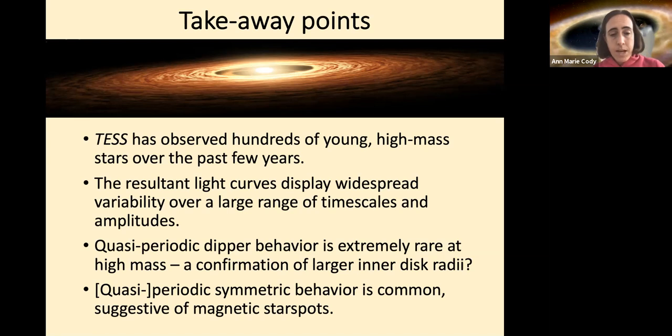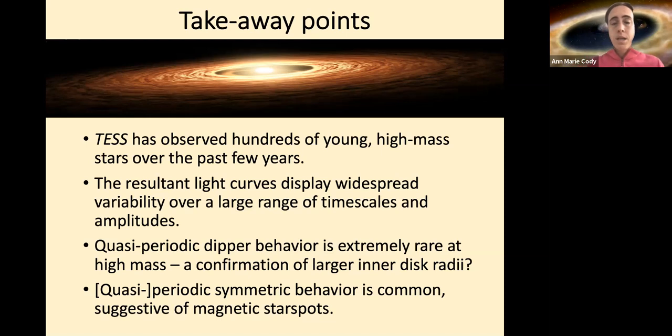And finally, we see a lot of periodic or quasi-periodic behavior suggestive of magnetic star spots present on the surface of these objects. And that confirms that there are, in fact, magnetic fields on even high mass stars, which was for a while not expected.